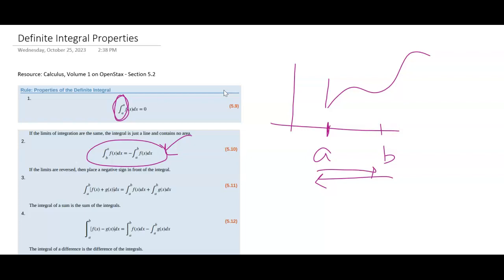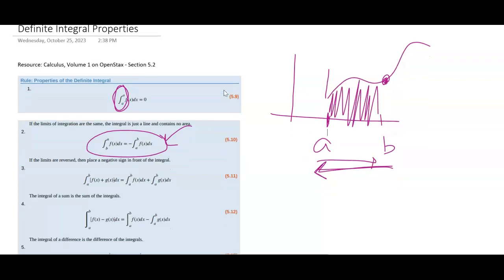Think about maybe if you had like a value on this side and you were doing something with distance or total distance traveled, or something of that nature. It might make sense to set up your integral in a way that your bounds are backwards and then just realize that that would then be the negative of the area from a to b here.